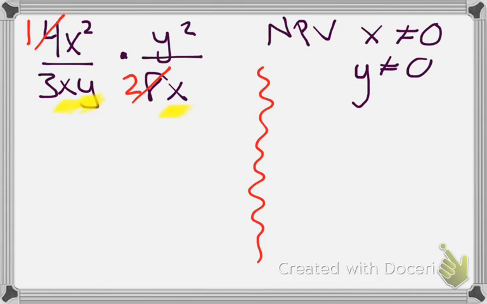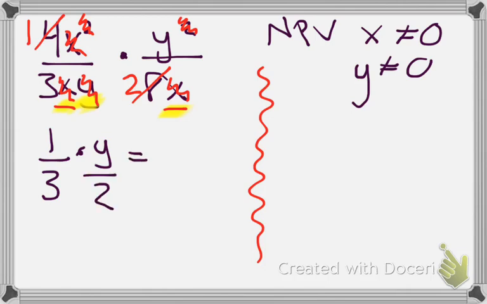I have an x squared as well as an x and an x, so this can cross out. There's two x's, so my two x's from my x squared and my two x's in both denominators work. Then I have a 3, but nothing really goes with the 3 here. And then I have a y squared and a y, so I'm going to go like that. Now I have 1 over 3 multiplied by y over 2, and so I get y over 6 as my answer.